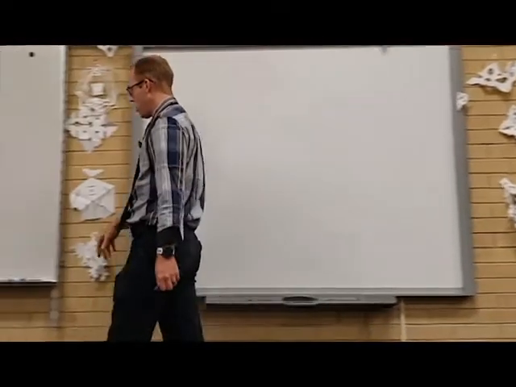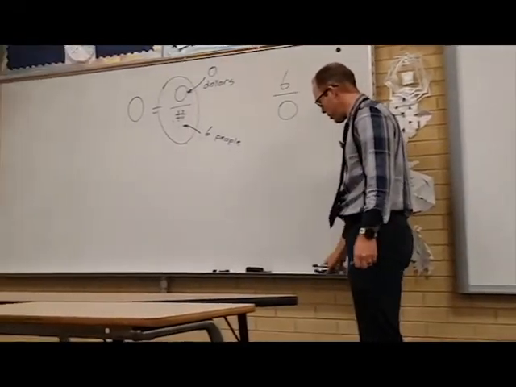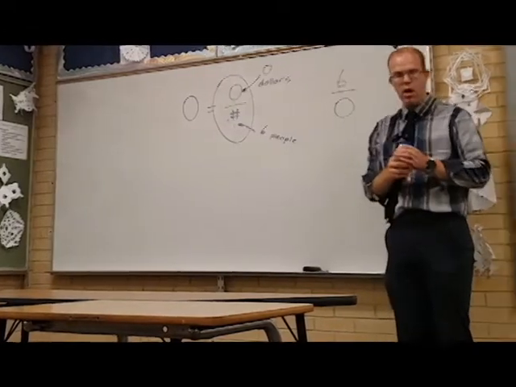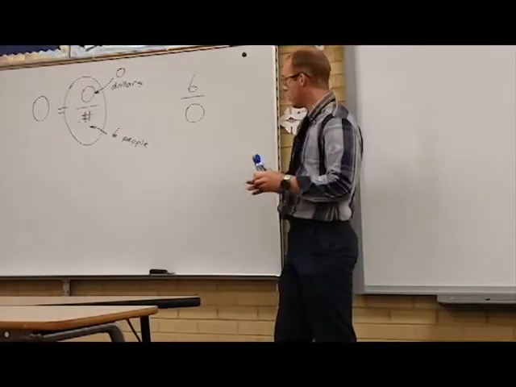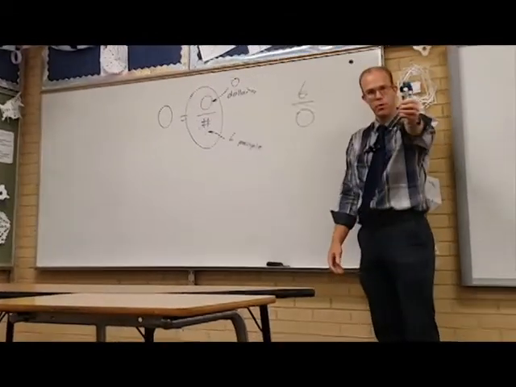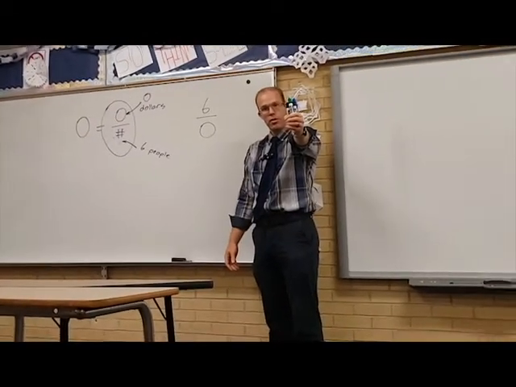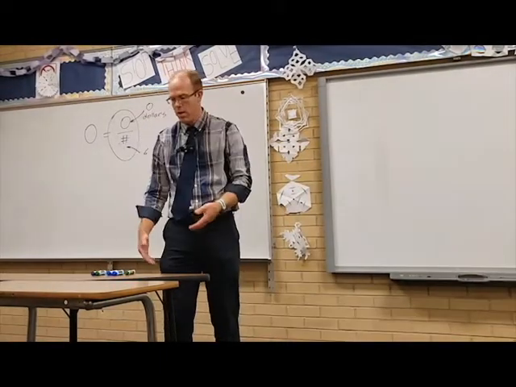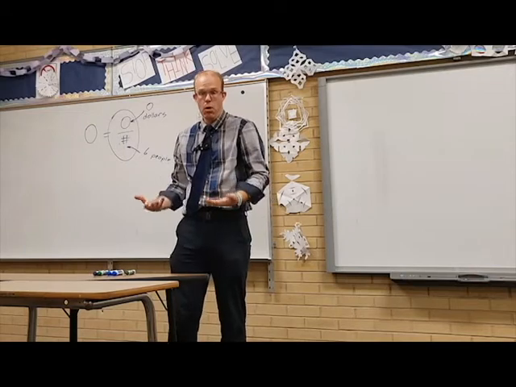So we're going to start by taking these 6 objects right here, and I want to divide these 6 objects so that there are 0 groups. When I give this challenge to a lot of people, they often will stick them down like so. But here we clearly have 1 group.